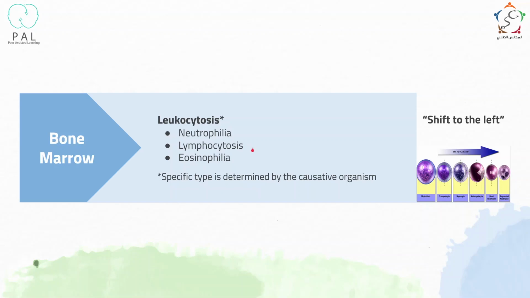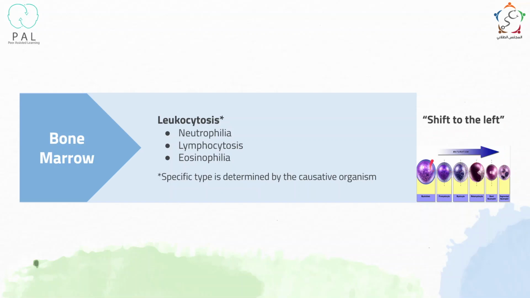Now, if I want you to guess, what does eosinophilia represent? If you said parasitic infection, then that's correct. And sometimes when there is a huge demand for leukocytes, the body is not able to release completely mature cells. So what happens is that there's a shift to the left.